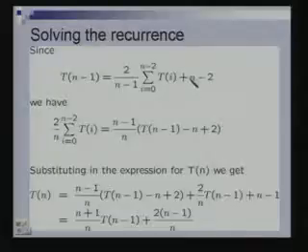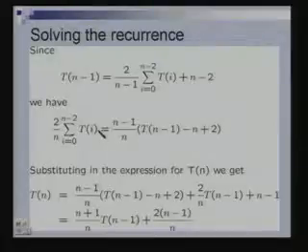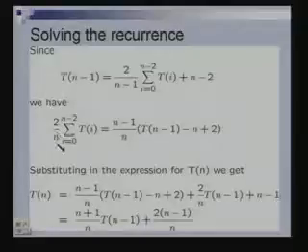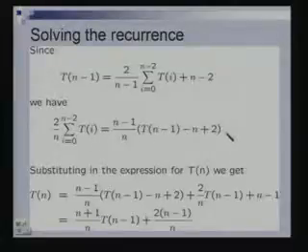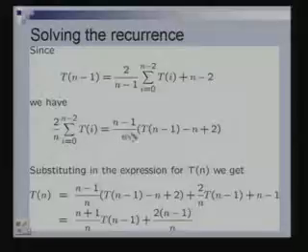I have moved this n minus 2 to this side. So I get t of n minus 1 minus n plus 2, and I have scaled it by n minus 1 over n because I am trying to compute 2 over n instead of 2 over n minus 1. So if this were 2 over n minus 1 times this, it would just have been this part. So if you cancel out the n, 2 over n minus 1 is exactly this part. Why am I doing this?